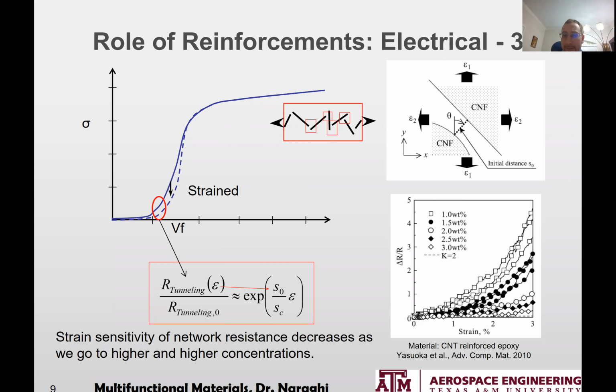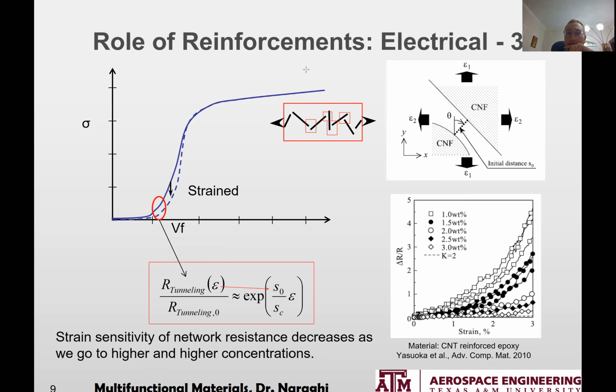So now, this is an experiment that a few folks did. They put different concentrations of carbon nanotubes inside a matrix, and they measured the change in resistivity as a function of strain.